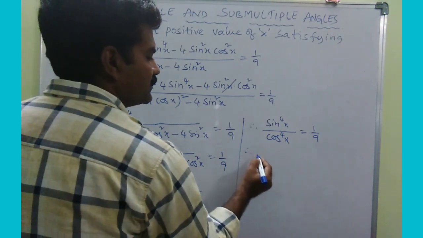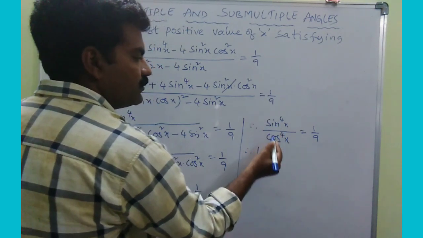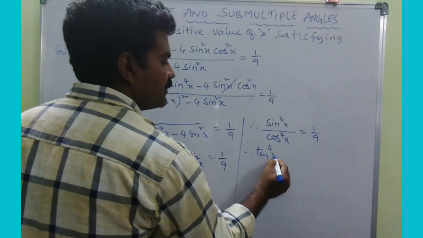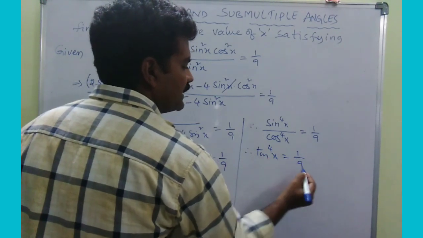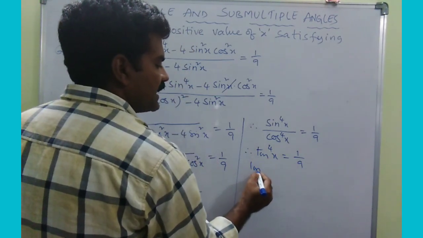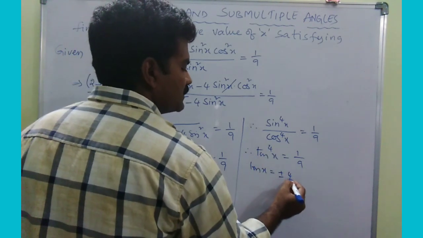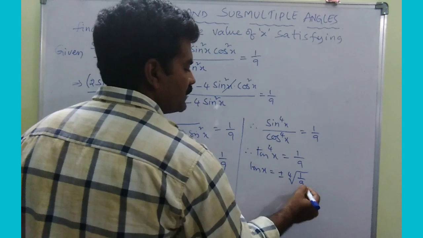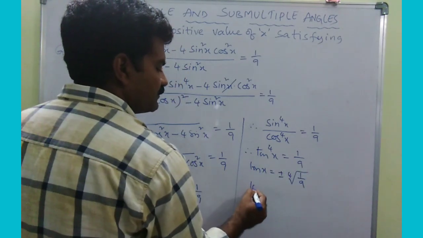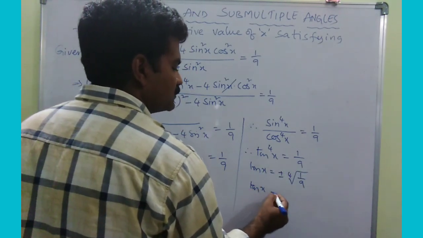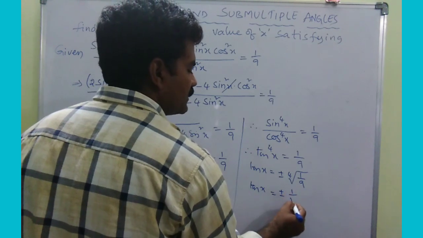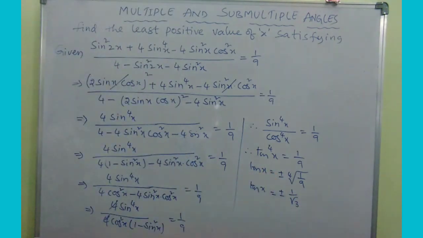So therefore sine power 4 by cos power 4, which is tan power 4x, is equal to 1 by 9, and from this tan x is equal to plus or minus 4th root of 1 by 9. So from this tan x is equal to plus or minus 1 by root 3.